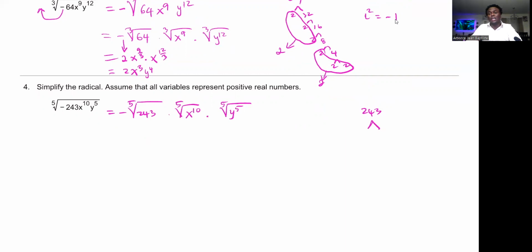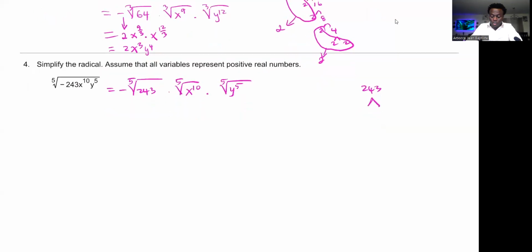So 9 is a multiple of 3. Then 243 is also a multiple of 3. So let's start with 3. So now we would say, what times 3 equals 243? So 243 divided by 3 is 81.